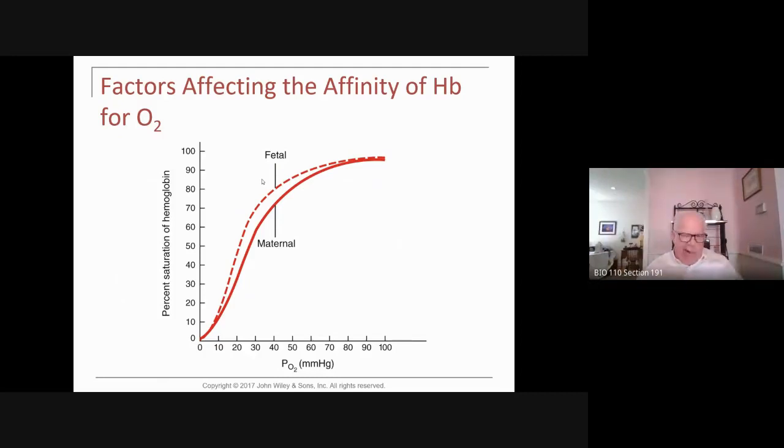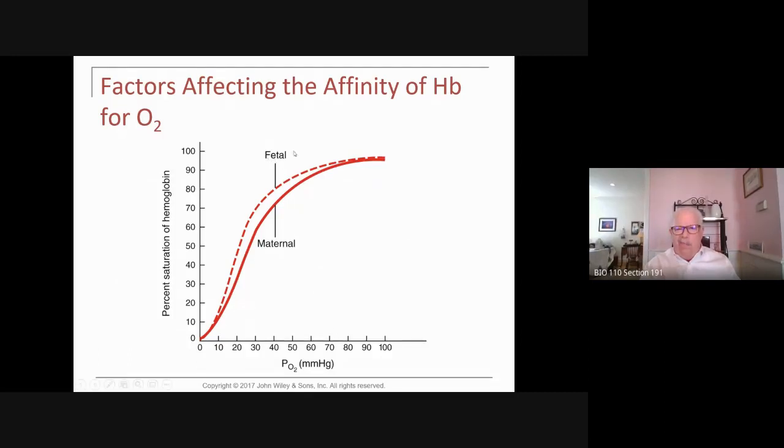Here is a very important slide. The maternal hemoglobin is hemoglobin A. Fetal hemoglobin is hemoglobin F. Remember, the fetus's lungs don't work.